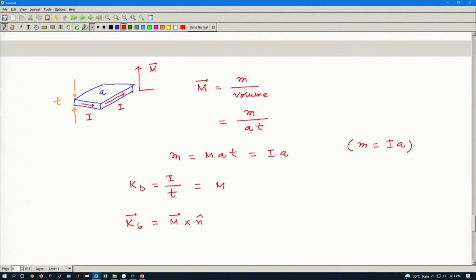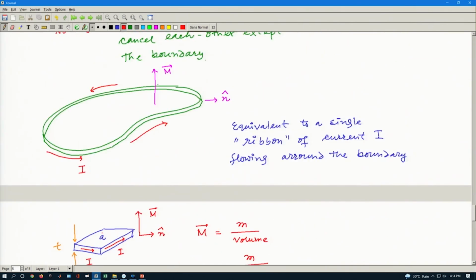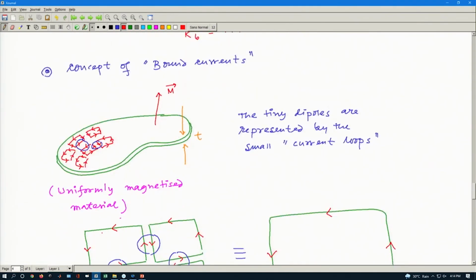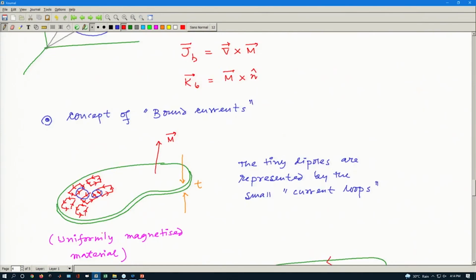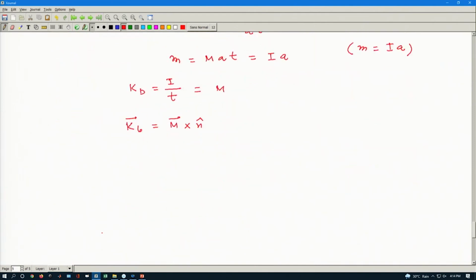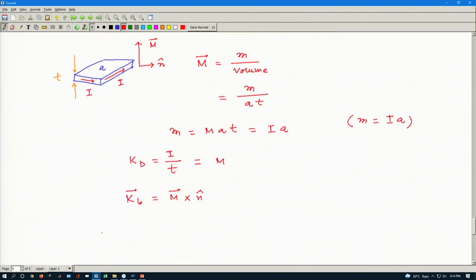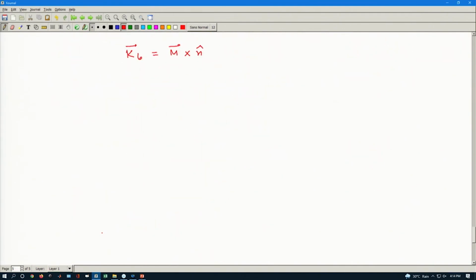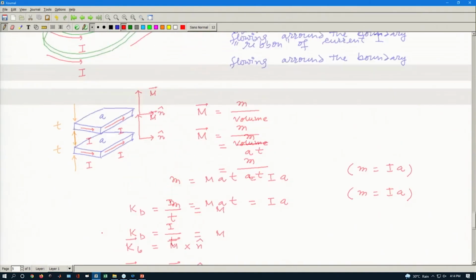So, my n vector, the surface, is along this direction, and m cross n is showing the direction of the flow of the current that we are having here in this simple structure. So, that roughly describes how the surface current is defined by m cross n. This is just a crude way to understand it pictorially as well as geometrically or physically. Then this is for uniform magnetization.